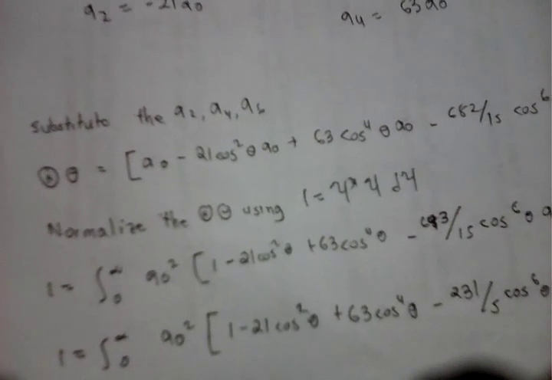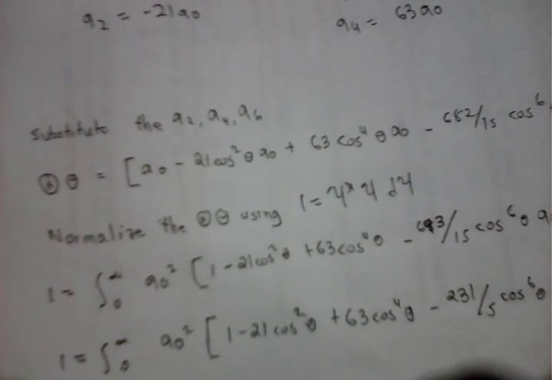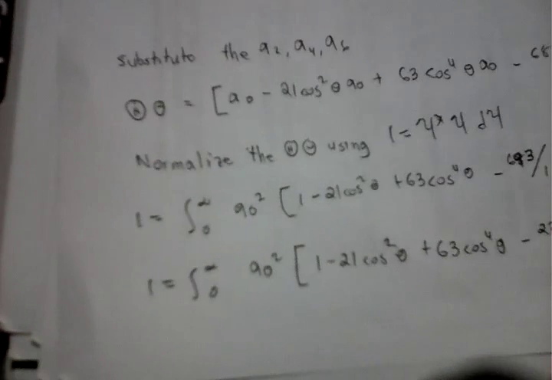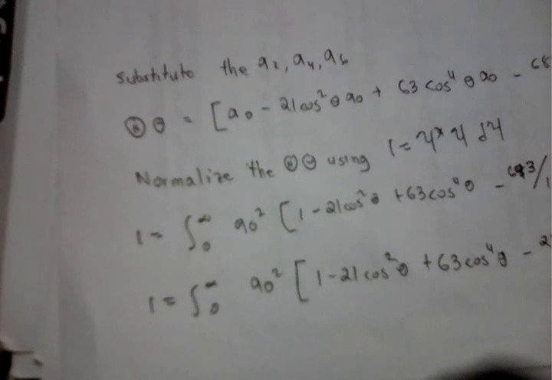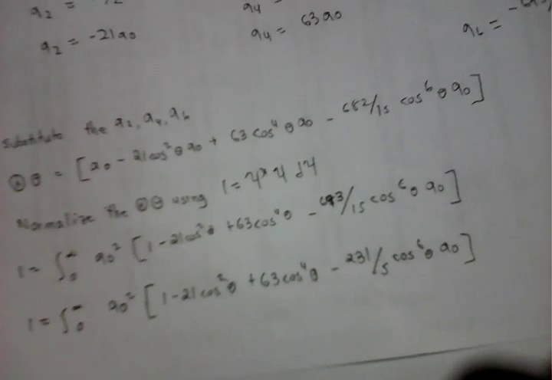Then normalize it by using 1 equals the integral of psi star psi. Then the normalized equation is 1 equals the integral of a naught squared times (1 minus 21 cosine squared plus 63 cosine to the fourth minus 231 over 5 cosine to the 6th) squared d theta.